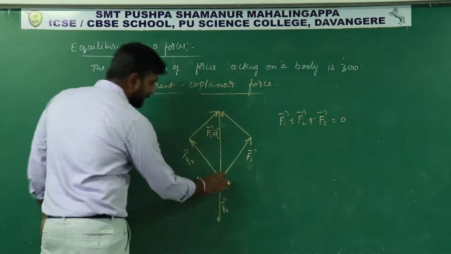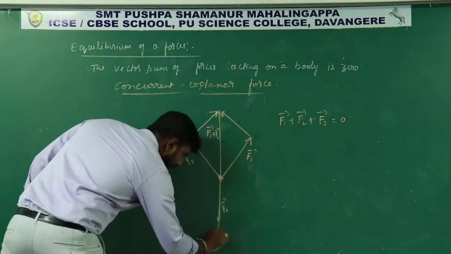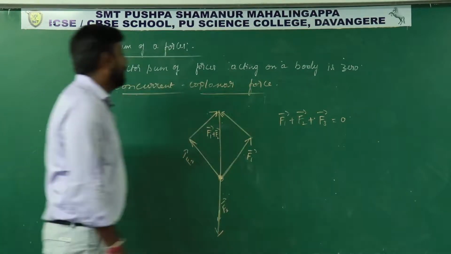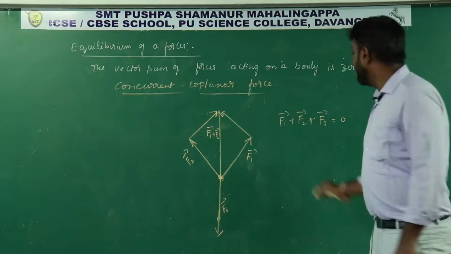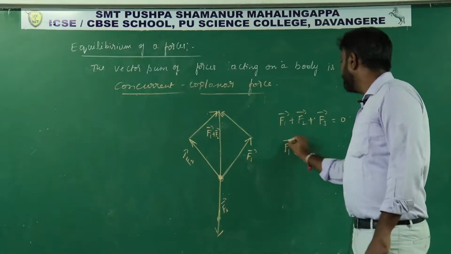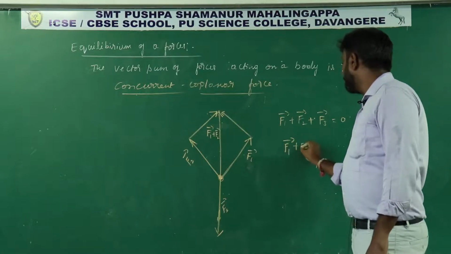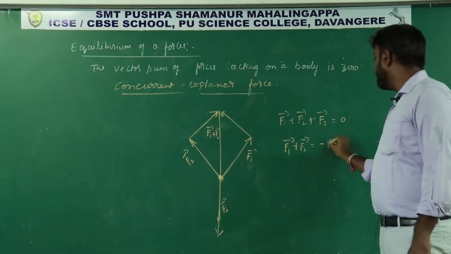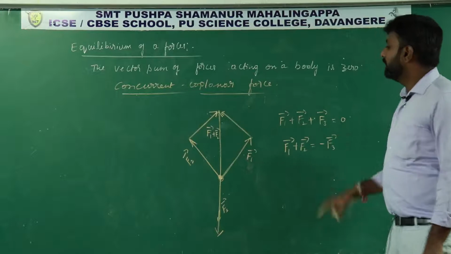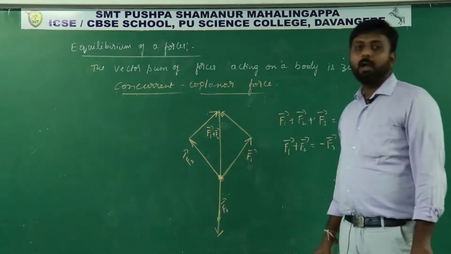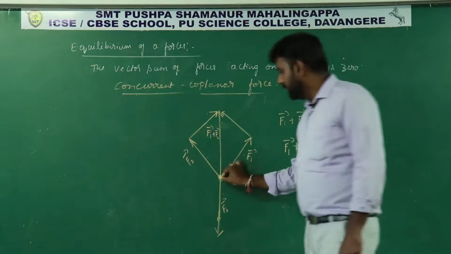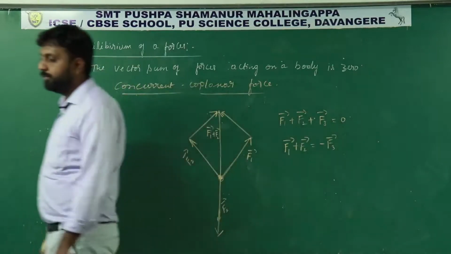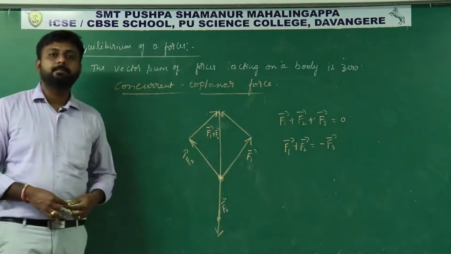So this body is under equilibrium, which means definitely I can say that F1 plus F2 should be equal to minus F3. So these two are acting in opposite direction. The body is at rest, the forces are in equilibrium.